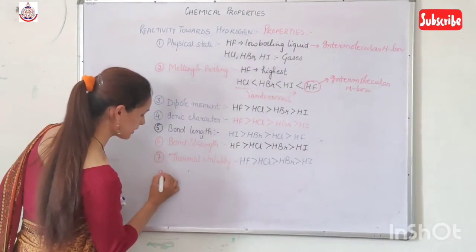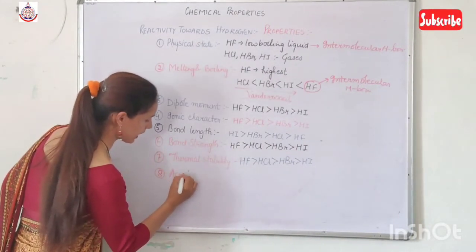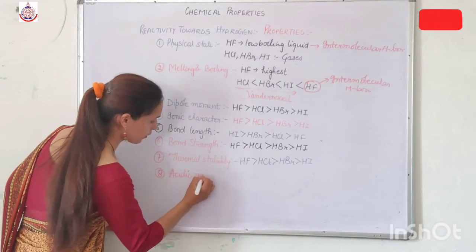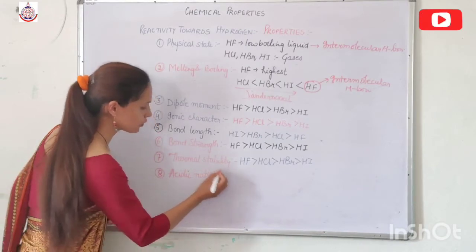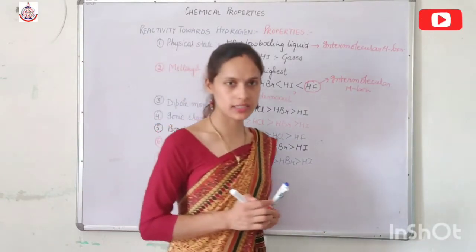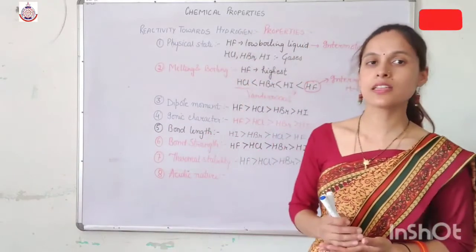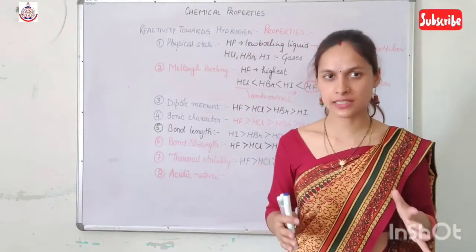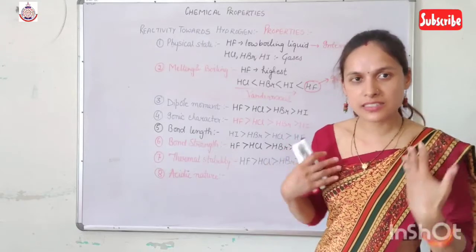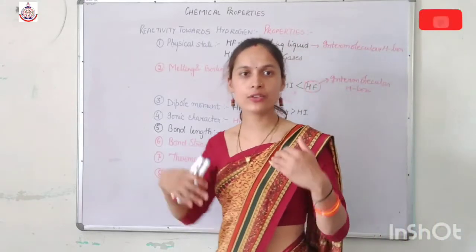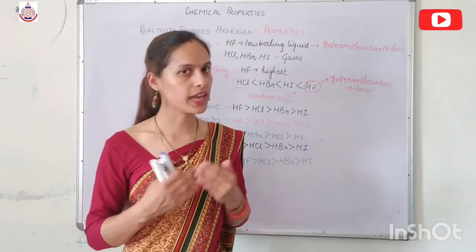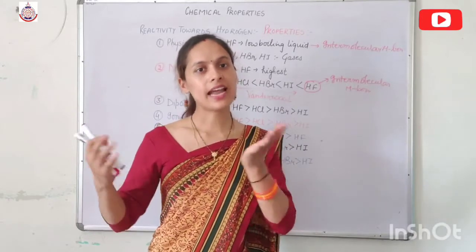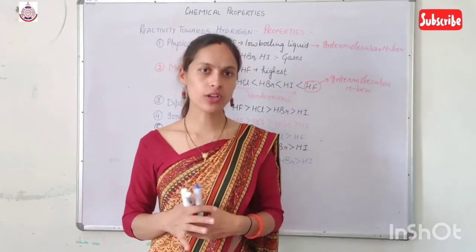Next is acidic nature. As we move from HF to HI, what happens? Bond length increases. Due to the increase in the bond length, bond strength decreases. It means it becomes easy for that particular hydrogen halide to release hydrogen in the form of the hydrogen ion, and that hydrogen halide acts as a strong acid.